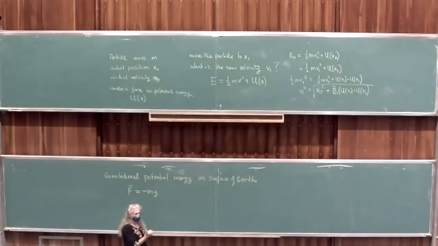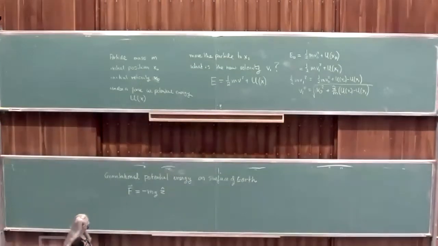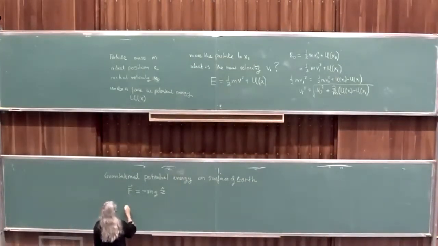So if I have a coordinate system x, y, and z, it's in the z direction. So this is the unit vector pointing up. So can I find a potential energy function such that, yeah, we can.